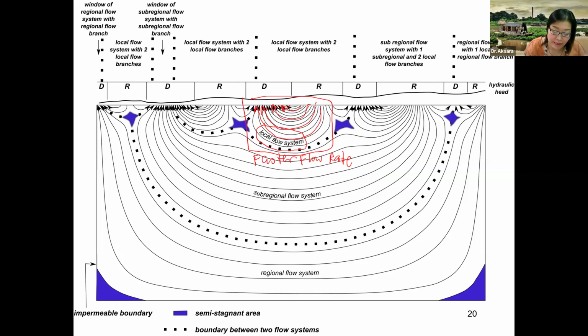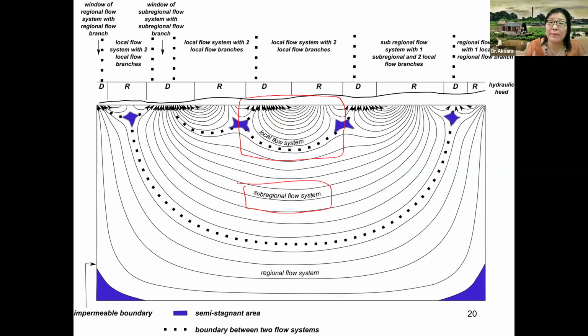Just like in this local flow region, it only covers a small area. Water flows from one point to another with a faster flow rate, but covers a smaller part of the area. Then we also have a bigger flow system, which we call the sub-regional flow system.